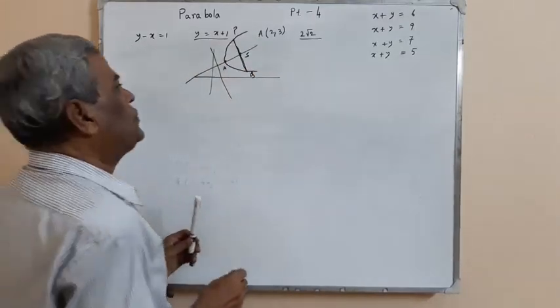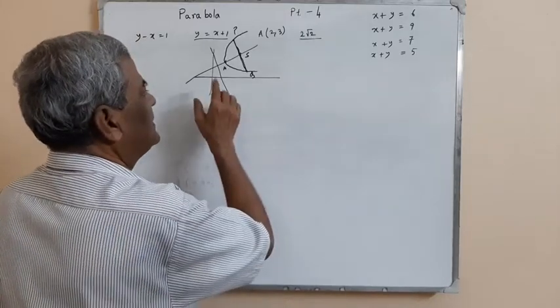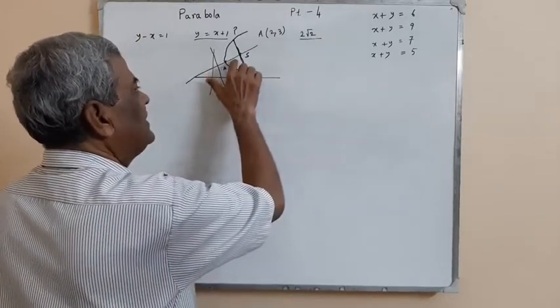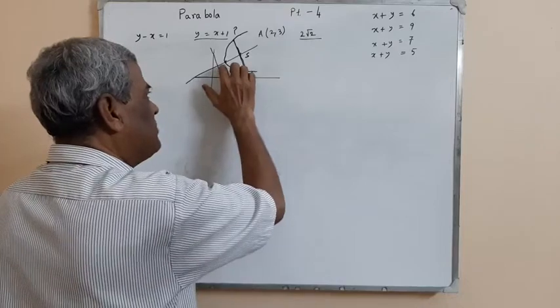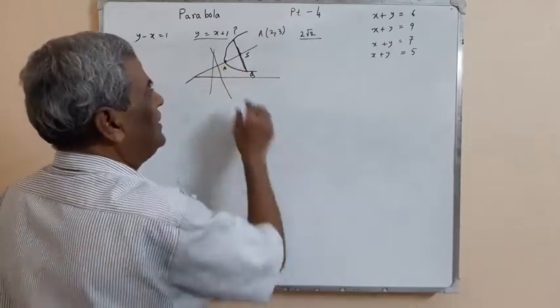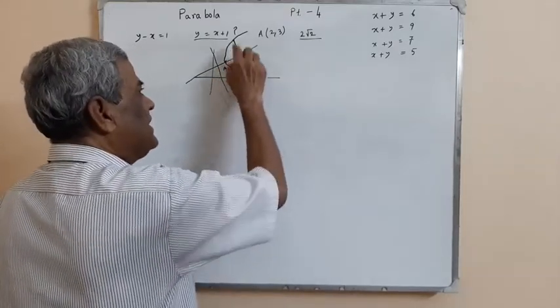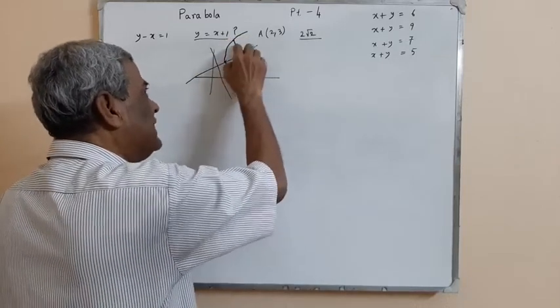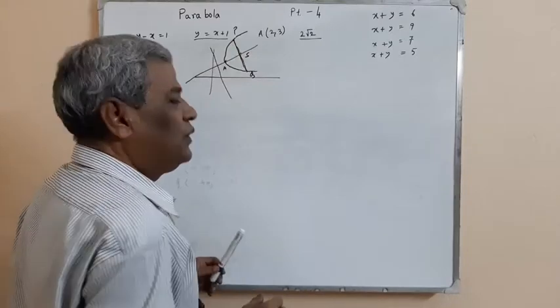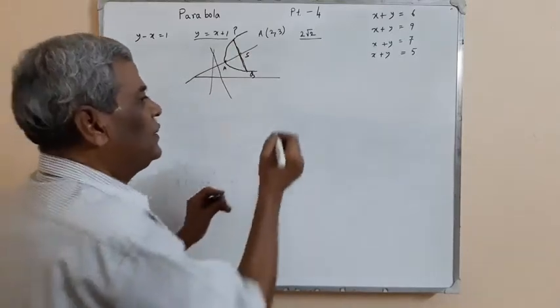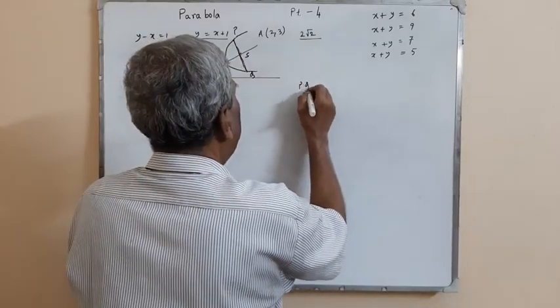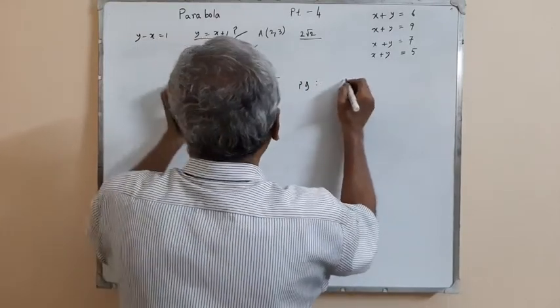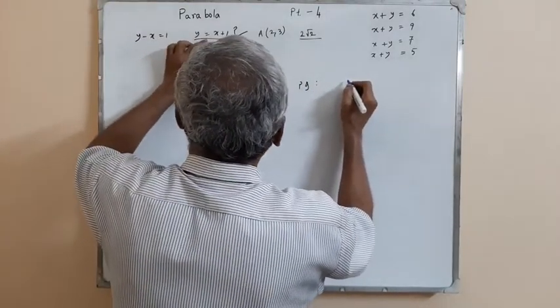First of all, you see that the axis and the latus rectum must be perpendicular to each other. So the axis and that line PQ are perpendicular to each other. So the equation of PQ must be of the type perpendicular to this.